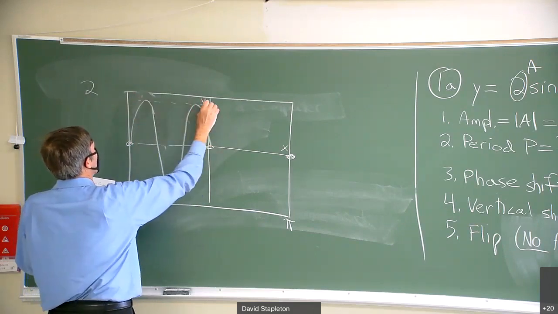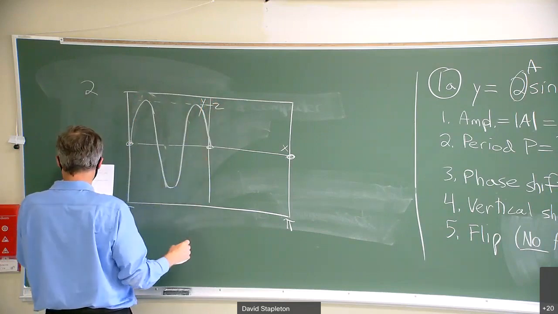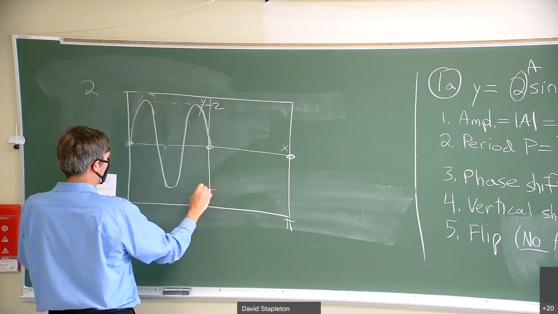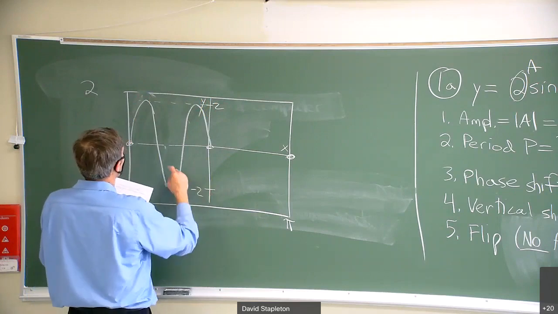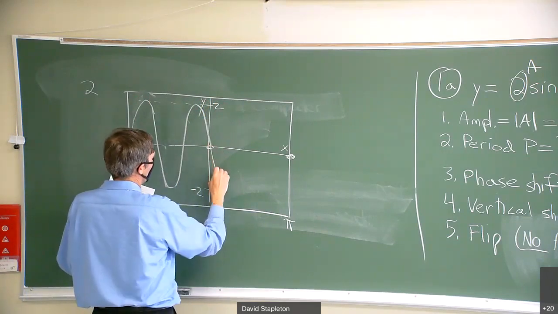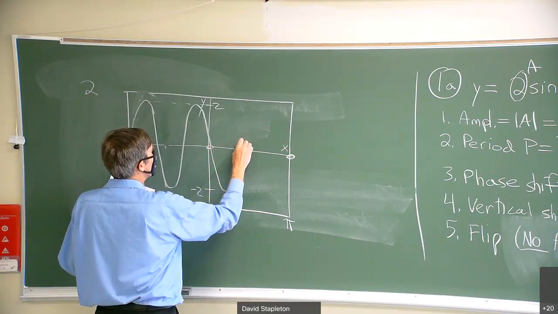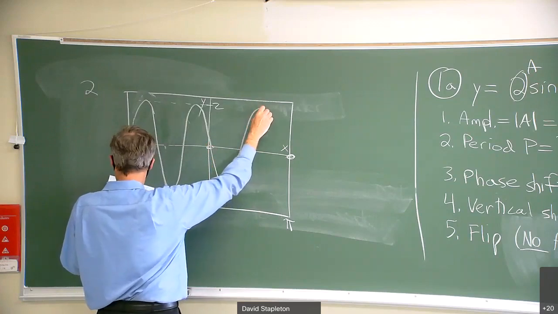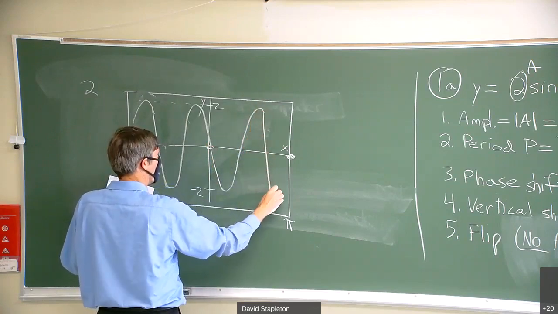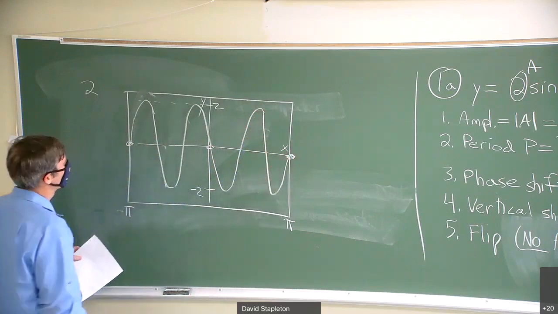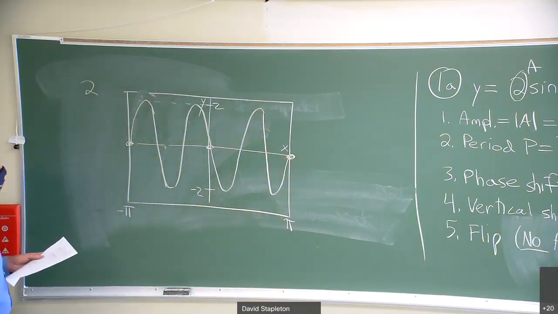And it goes up to 2 here on the y-axis, and down to minus 2 here on the y-axis. Something like that. Now the question is, what equation has that graph?